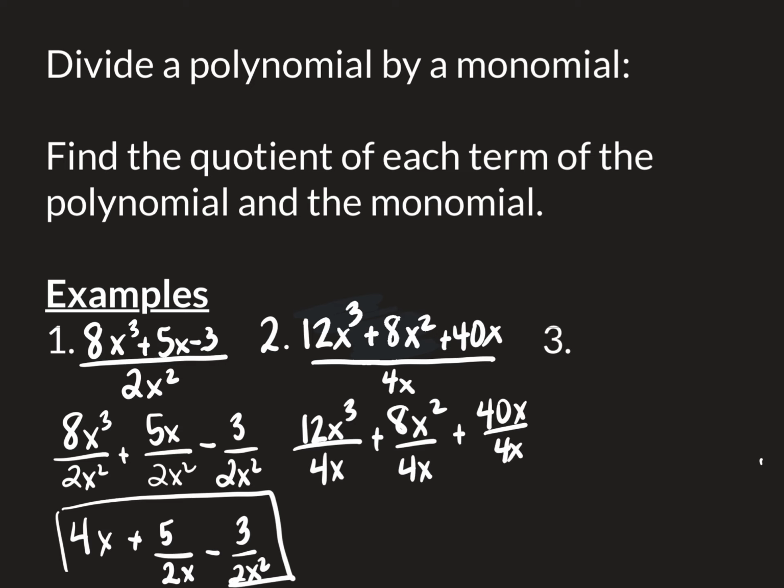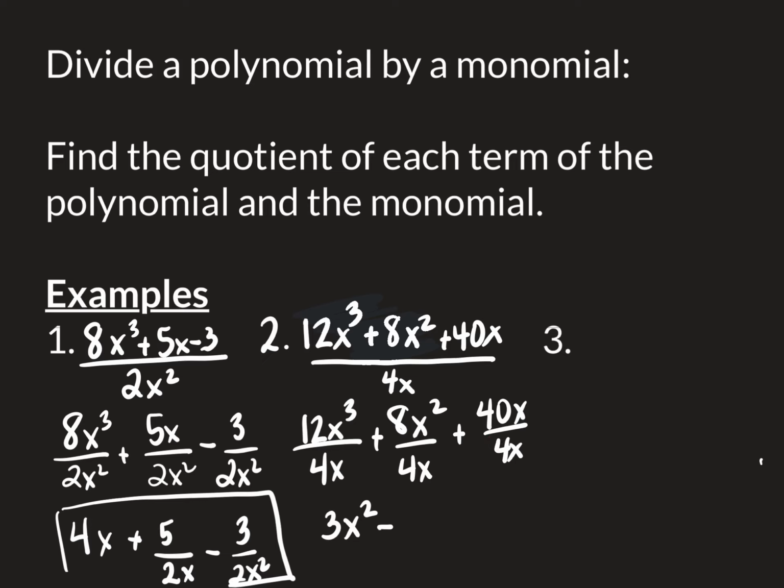12x cubed divided by 4x is 3x squared. My exponent is largest in the numerator. I'll subtract from there and it'll stay there. 3 minus 1 is 2. Over here I'll get 2. 2 minus 1 is x to the first power. Then here I'll get 10. 1 minus 1, my x's go away.